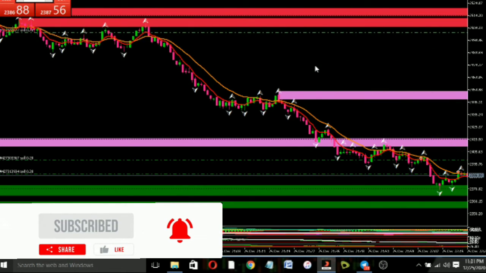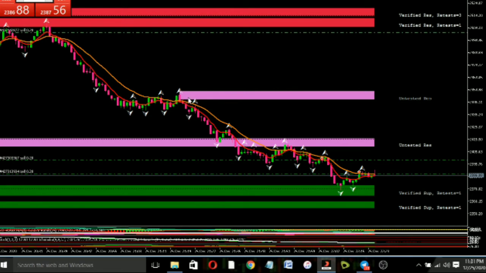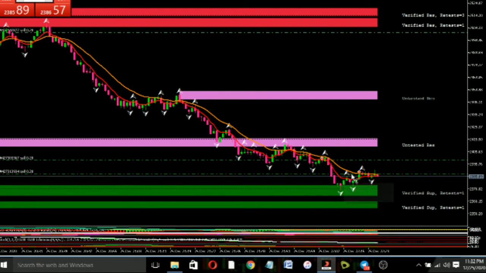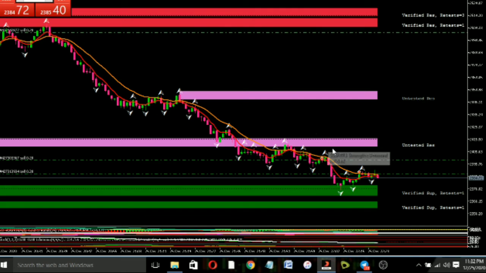It met another support here, ranged and ranged and broke out again. It came up to this level again, ranged and broke out again, and now is on a new range. So this indicator helps you spot out your supports and resistance levels.